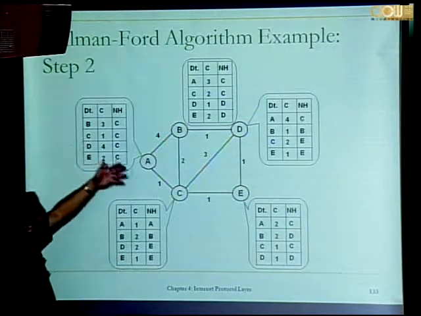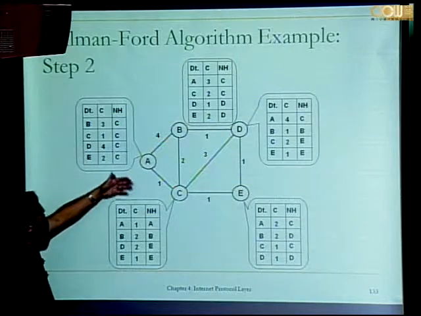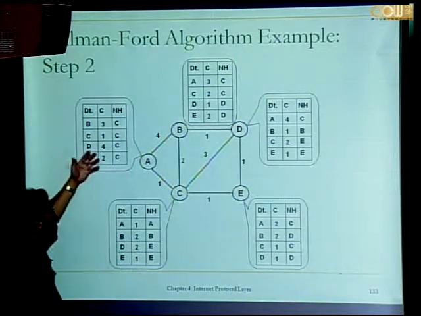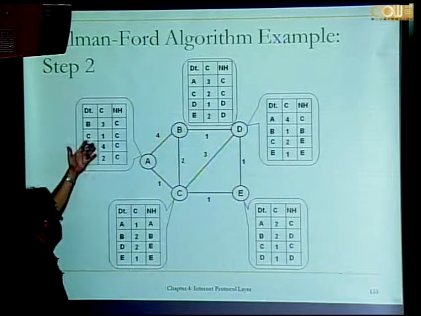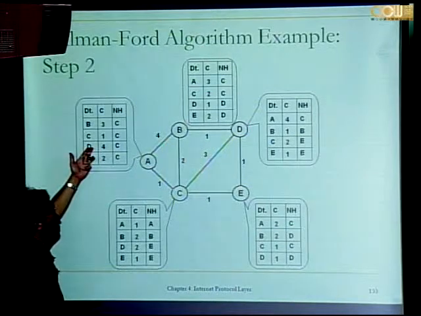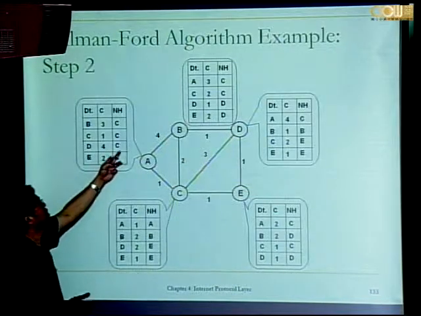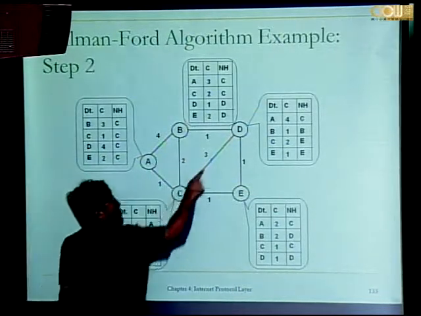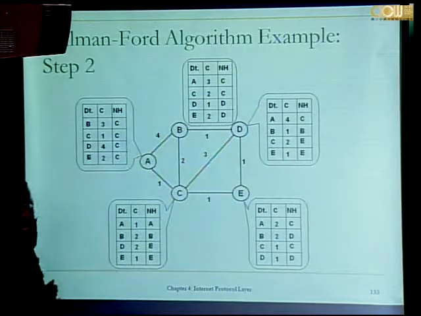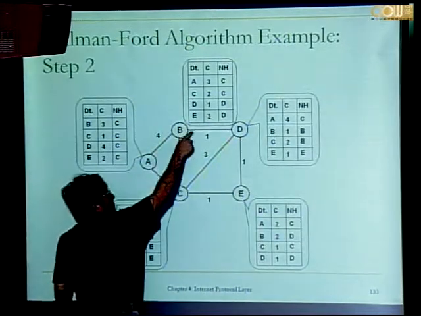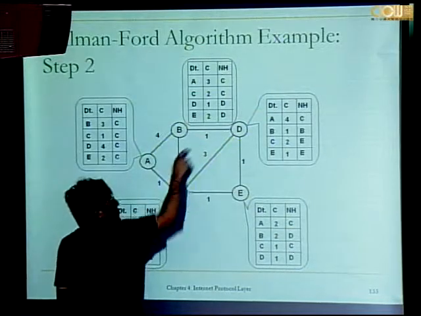And also for D and E, C and B gave me something, and I compare them. Eventually I know that if I want to reach D, I should go through C, because C provides me a better path, with the cost of 4. But the path provided by B is longer, with the cost of 5.